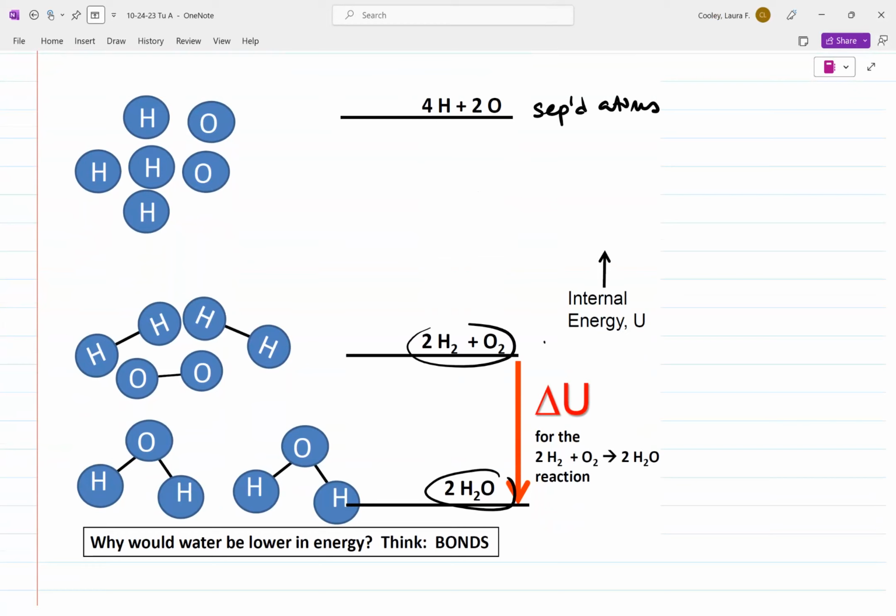If we line them up in terms of their internal energy, we know that's a downhill process that releases energy. Looking at that explosion, you get a huge release of heat and even light as you go from hydrogen and oxygen molecules to liquid water. You know that this is a downhill process.